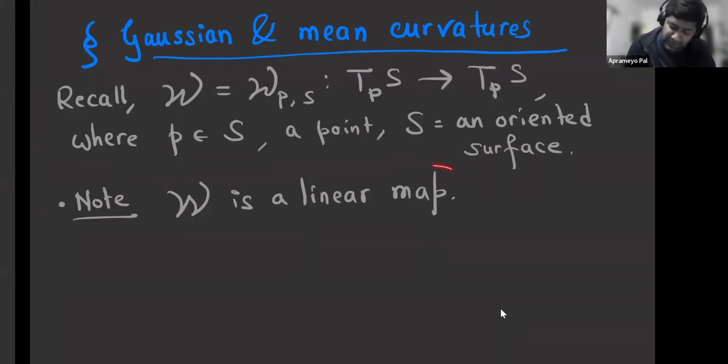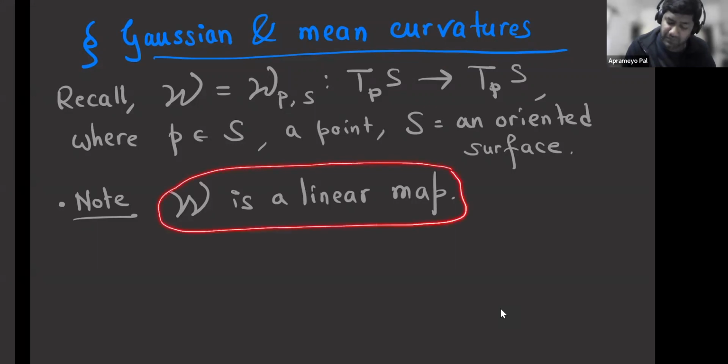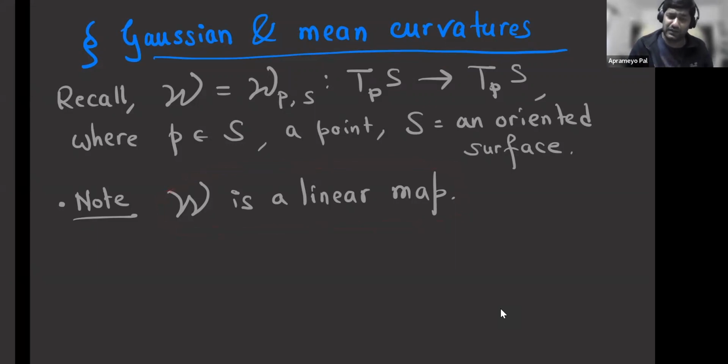But first, let's consider this as a linear map. Once you have a linear map, you have a matrix associated to it, and then there are two invariants you can immediately compute: the determinant and the trace. And that's exactly my next definition.